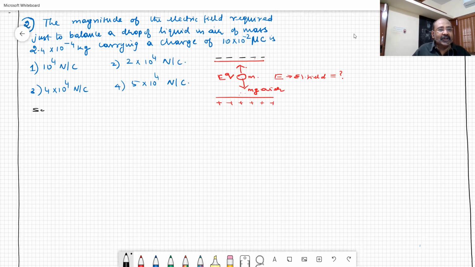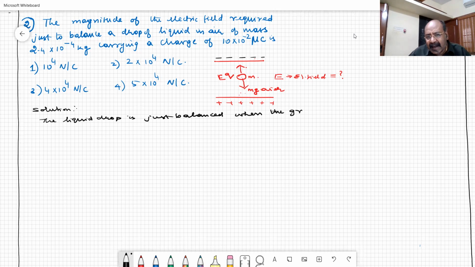So let us consider the solution. In this case, we can say the liquid drop is just balanced when the gravitational force on the drop is equal to the electrical force developed.